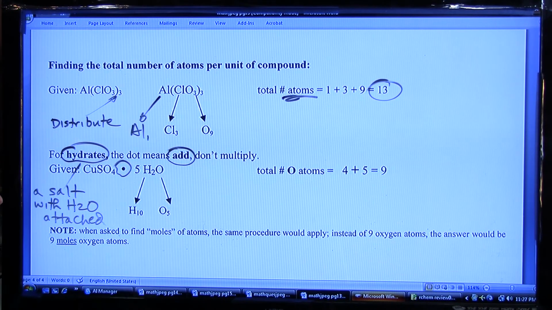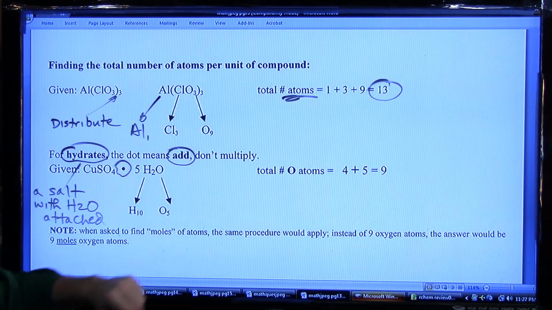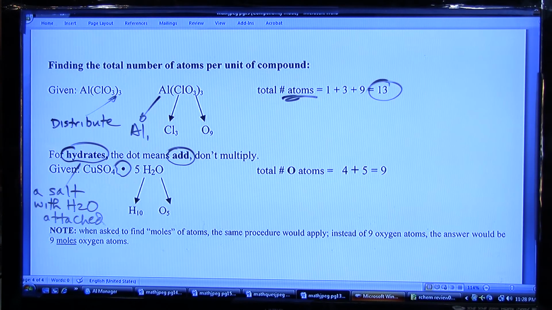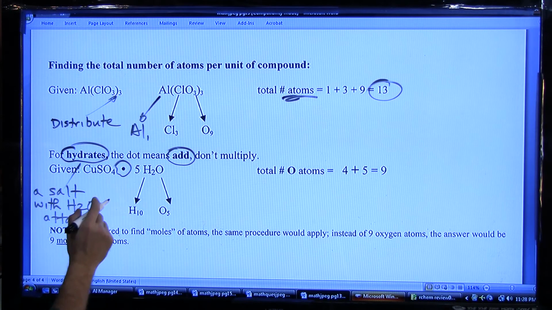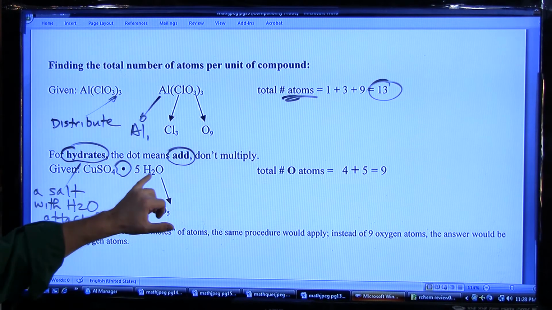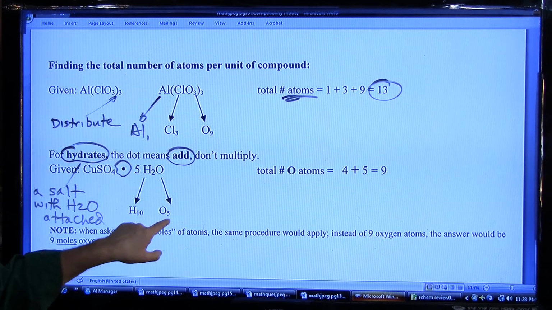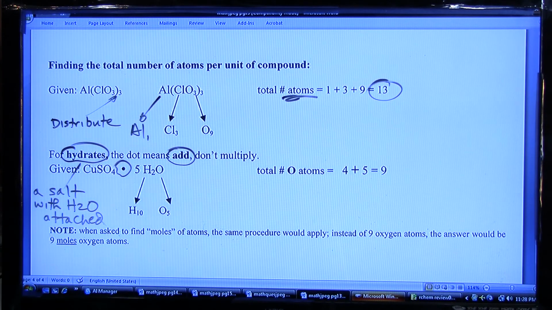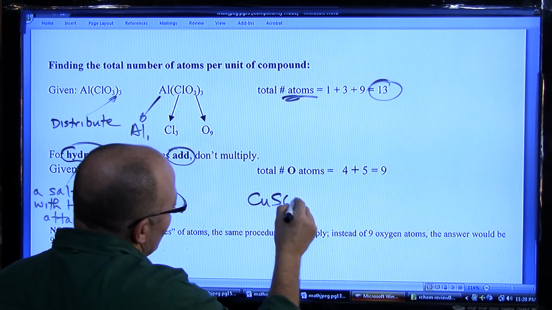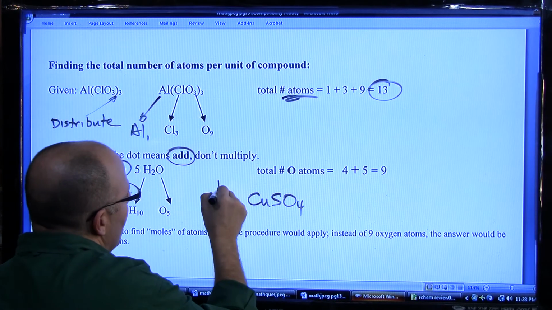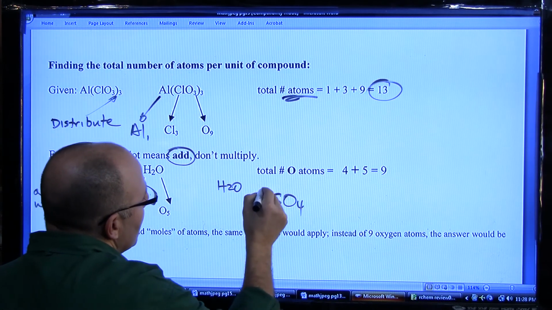So in this question here, you're asked to find the total number of oxygen atoms. So we have 4 oxygen atoms on this side, plus 5 waters, which are really 5 oxygen atoms on that side. So 4 and 5 would give you 9. If you wanted a picture of this, what I'm saying is the CuSO4 has 5 waters attached to it.